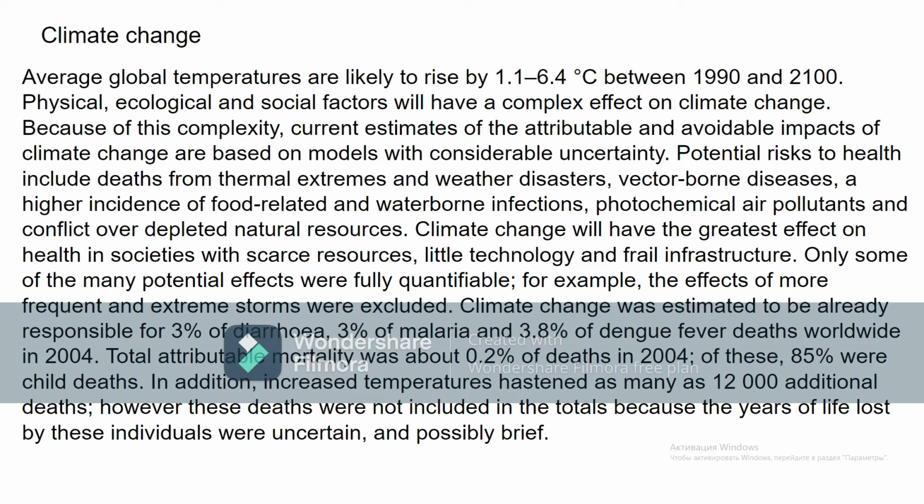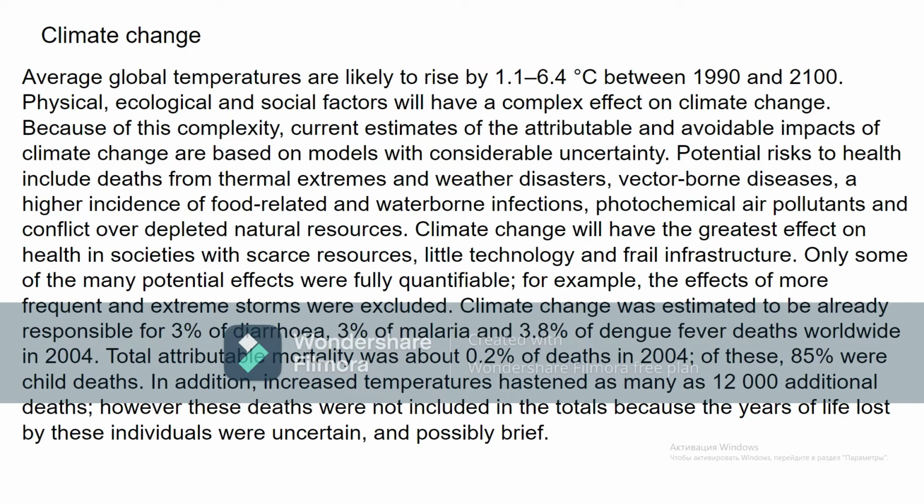Climate change was estimated to be already responsible for 3% of diarrhea, 3% of malaria, and 3.8% of dengue fever deaths worldwide in 2004. Total attributable mortality was about 0.2% of deaths in 2004. Of this, 85% were child deaths.